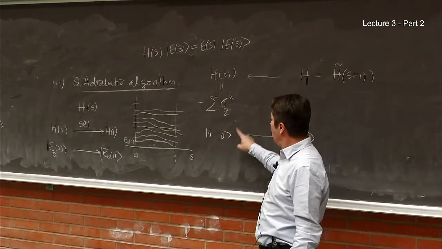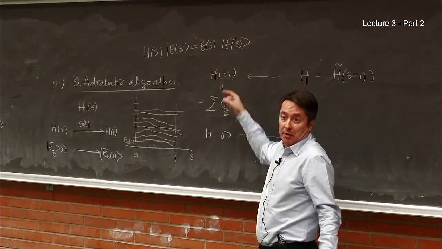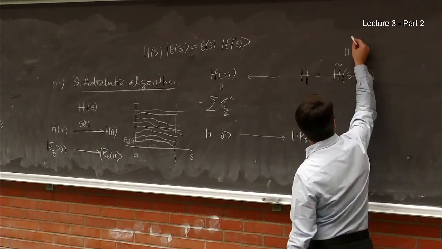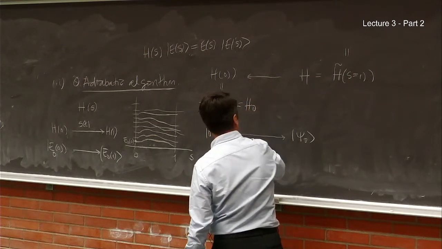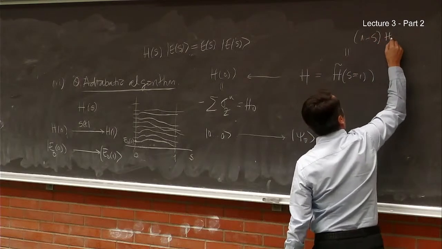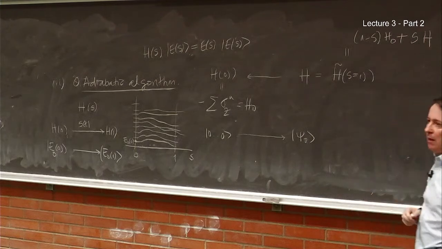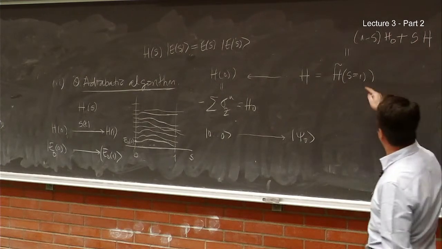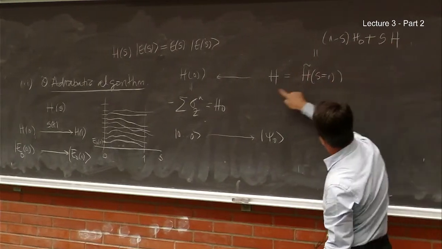So the question is if it's always possible to do that. Of course, it's very simple to do that. For example, I could choose my Hamiltonian as a function of S like 1 minus S times H0 plus S times H. That's a linear interpolation between the two Hamiltonians. So when S is equal to 0, it's H0, and when S is equal to 1, it is the H that is here.